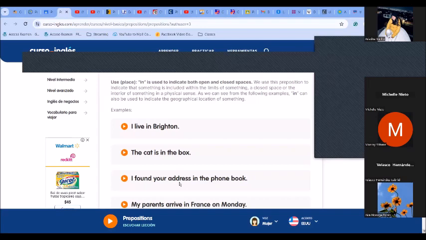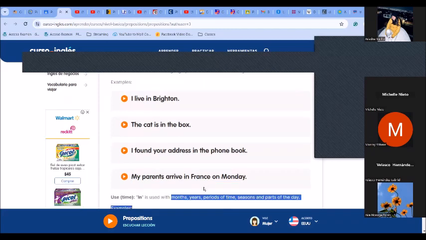As we can see from the following examples, in can also be used to indicate a geographic location. Examples: I live in Brighton, the cat is in the box, I found your address in the phone book, my parents arrived in France on Monday. Good. In France, in the book, in the box, in Brighton, all spaces.